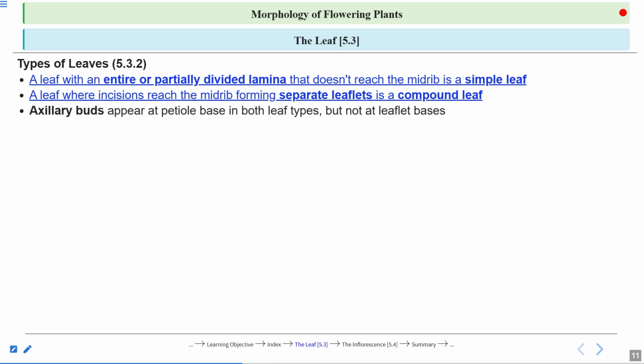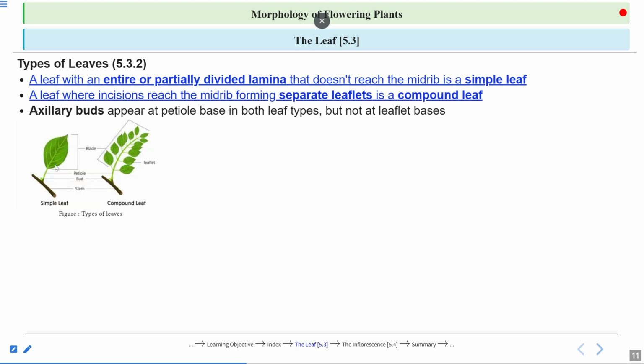Now, axillary buds appear at the petiole base in both simple and compound leaves, but not at the leaflet bases. They do not appear at the base of leaflets.